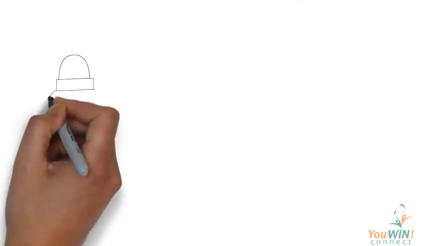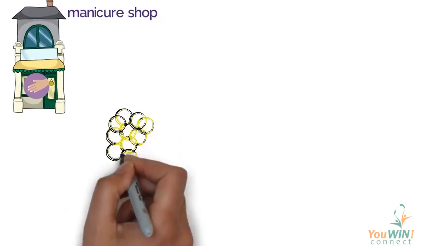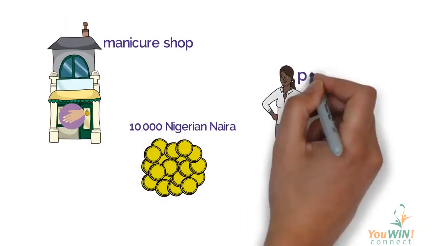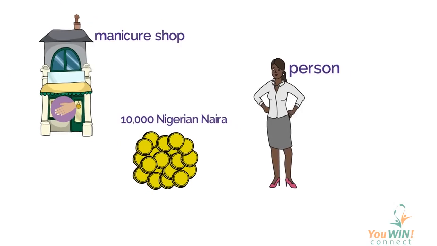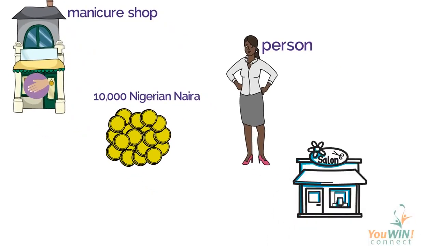So I'll give an example. A high-class manicure shop with stylish decoration, hair conditioning, convenience, and professional staff, the price is 10,000 naira per person. While at a popular hairdresser, the price is around 1,000 naira per person.